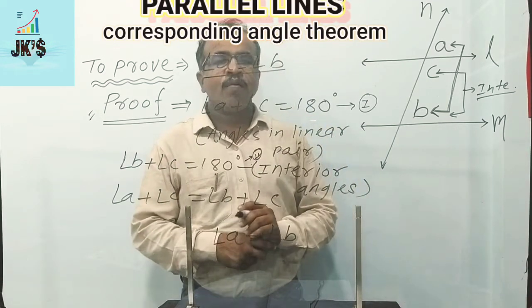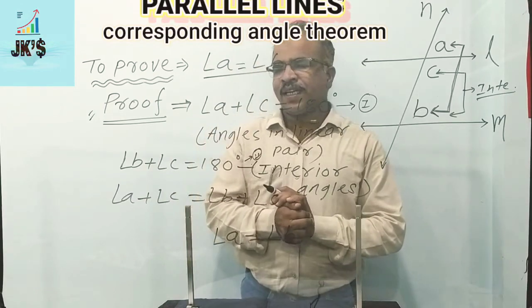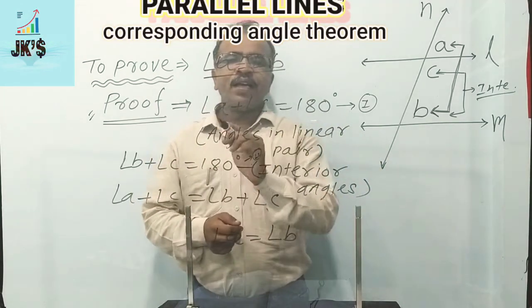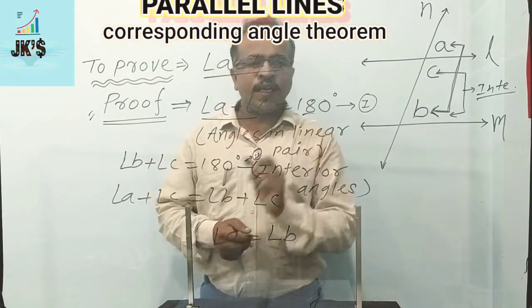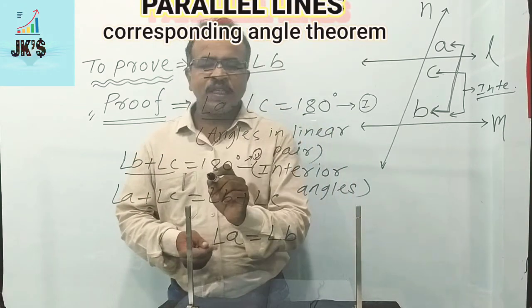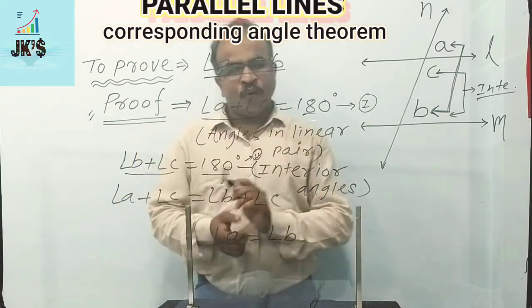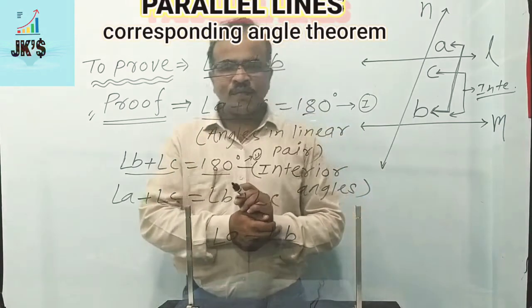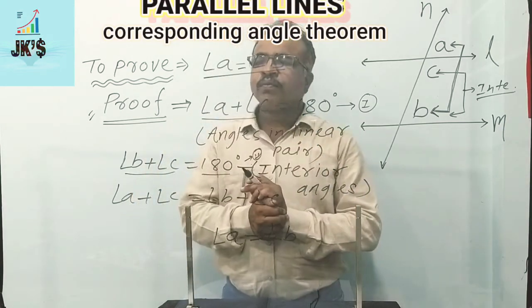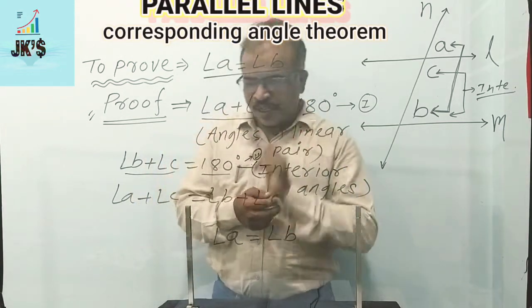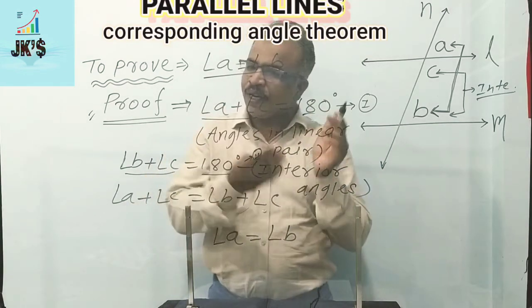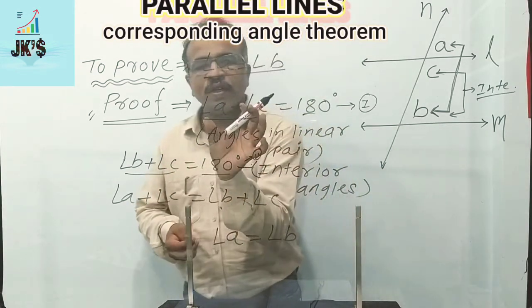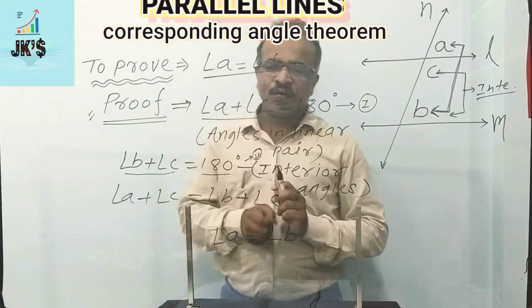Okay. From first and second, it is clear that angle A plus C is 180 and angle B plus C is 180. Both the additions have the same value, means this one and this one are equal.